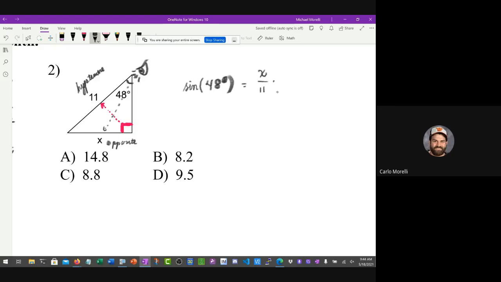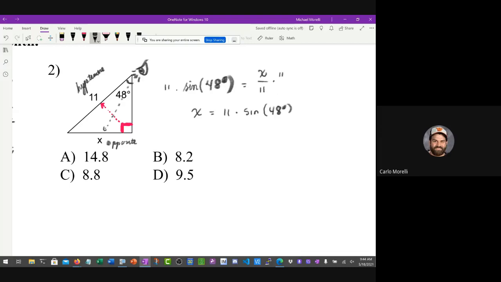To solve for x, you're just going to multiply both sides by 11. So x equals 11 times the sine of 48 degrees.